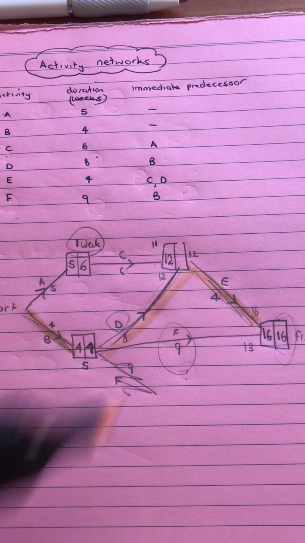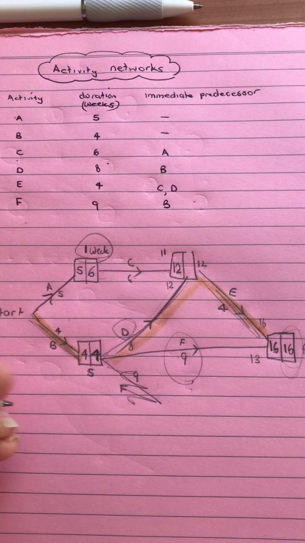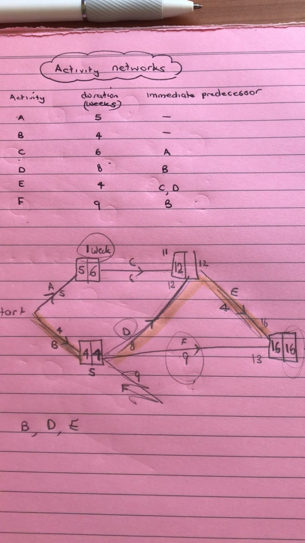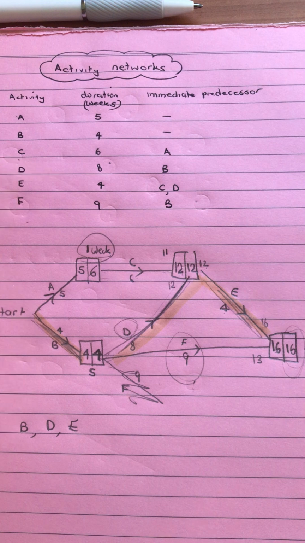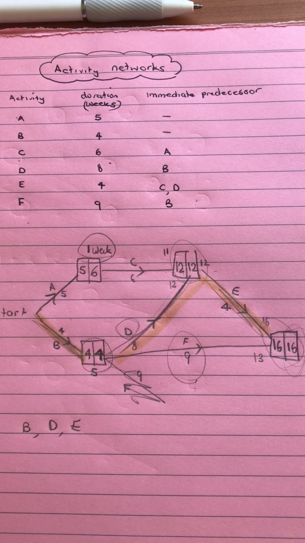Our critical path would then be B, D, E, because there is no wait time for those activities. And I missed that one here, 16, should have had a 12 there. So we're looking at those ones where the numbers are the same in each of the boxes.